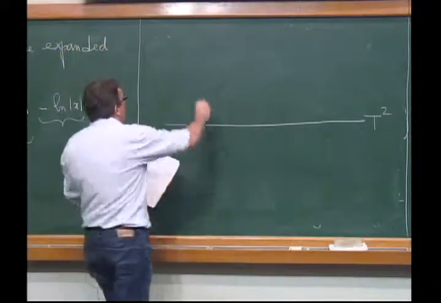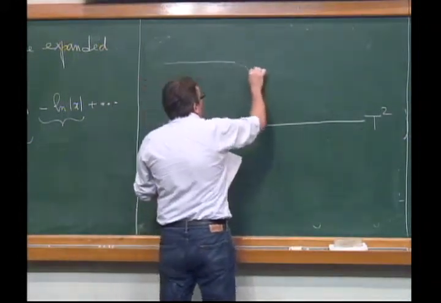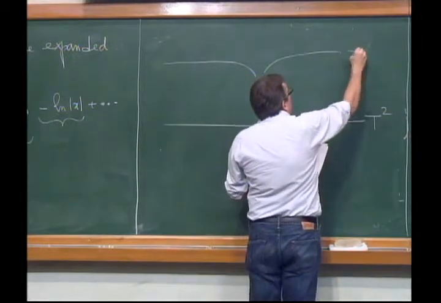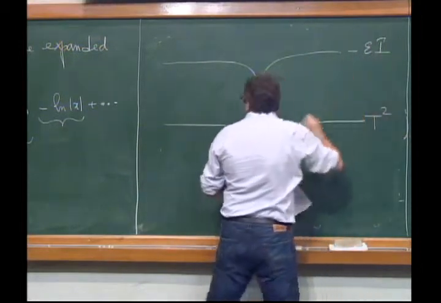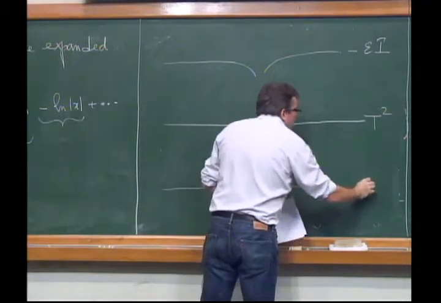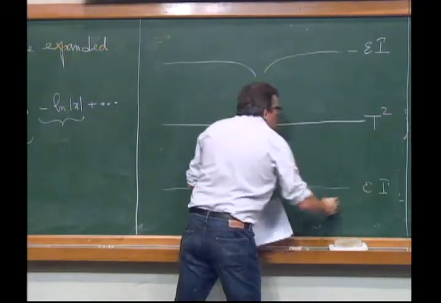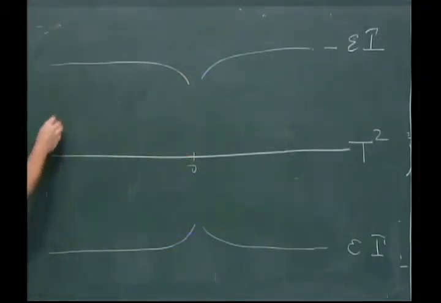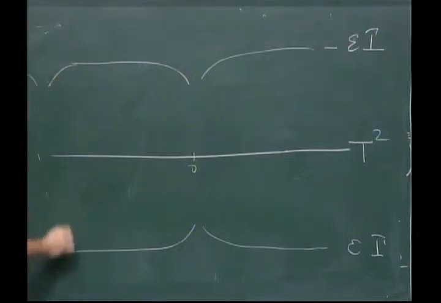So this is the point 0, and this is the graph of minus epsilon gamma. Here below, I will draw the graph of epsilon gamma. Everything is periodic, so if you have a pole here, there is another one here. It will look like this, and here probably like that, and so on.